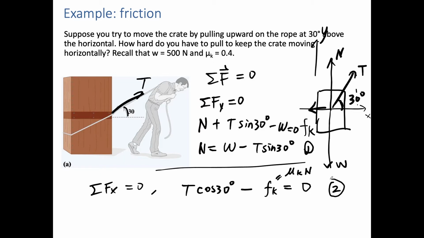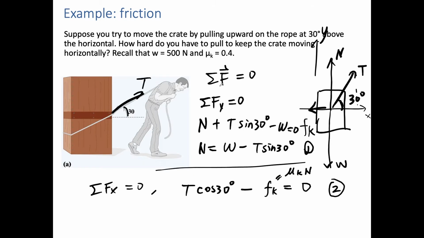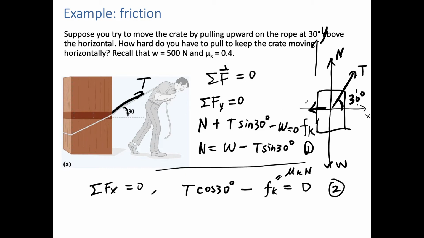I think we can plug equation 1 into equation 2. So equation 2 is t cosine 30 subtract fk, right? Fk is mu k n, should equal to 0. And then from equation 1 we find out n, normal force, actually should be weight subtract t sine 30 degree.